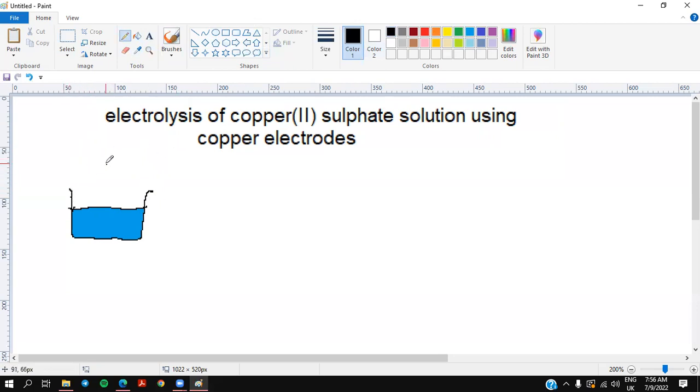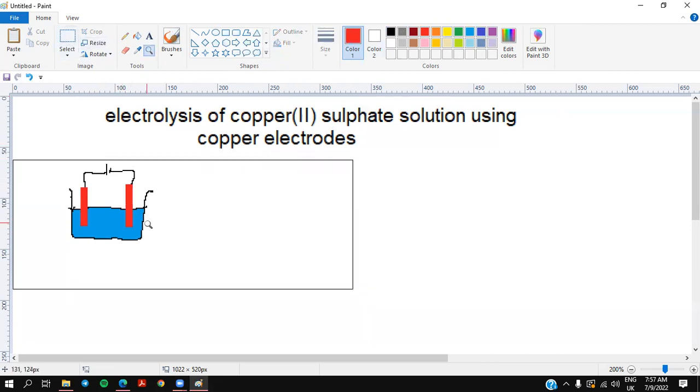And you connect a battery to this through electrodes, but this time the electrodes are copper. Copper electrodes are reddish. This is one electrode, this is another electrode. I'll magnify this a little bit.